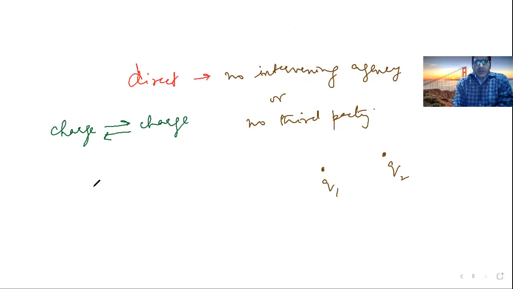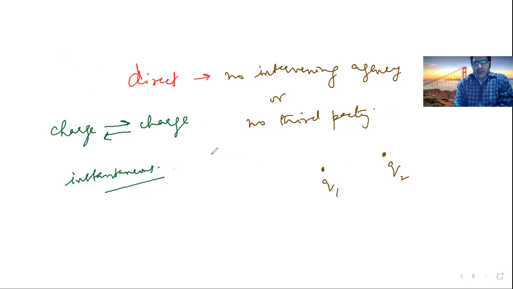What is the meaning of instantaneous? Meaning of instantaneous is, if you move Q1 and keep Q2 fixed, what will happen? Q2 will sense Q1's movement. How?